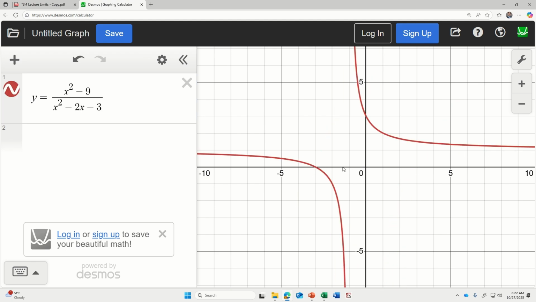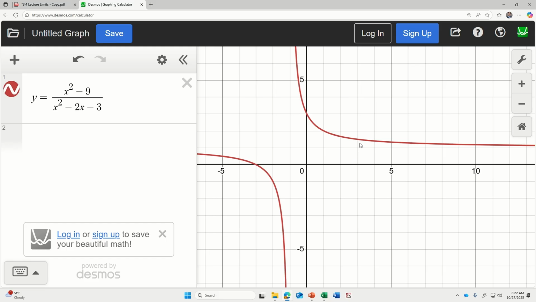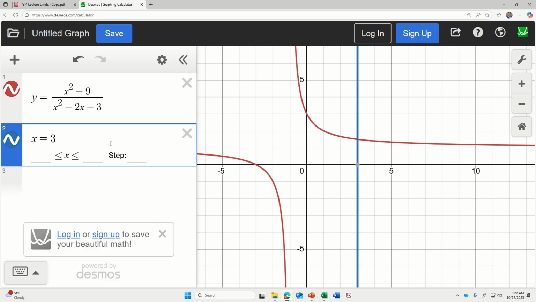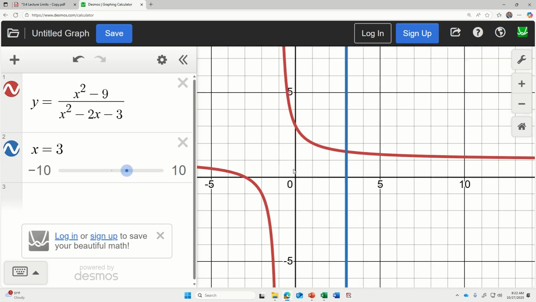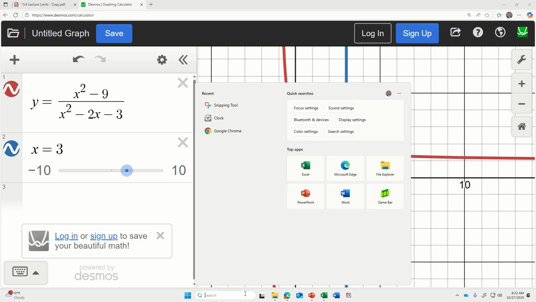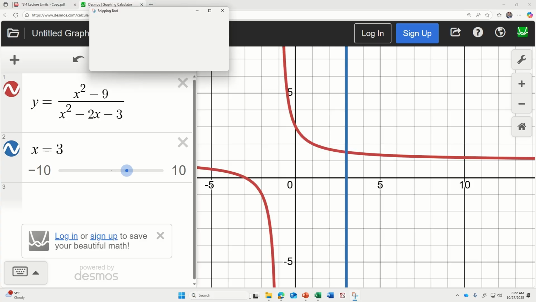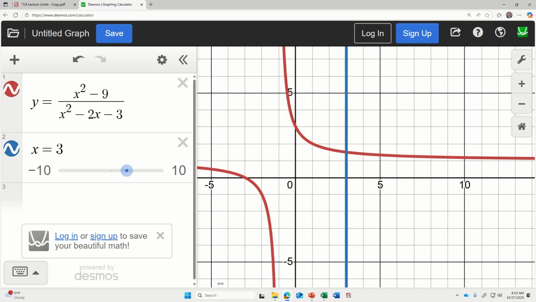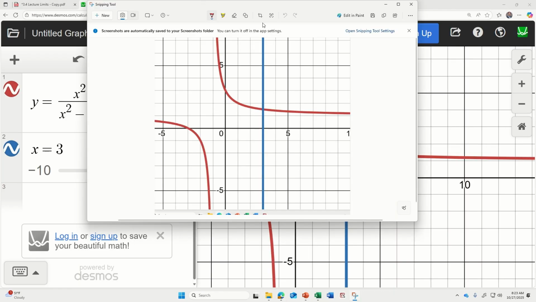And we're talking about, what is the limit of the red function as we approach x equals 3, which is the vertical blue line, right?